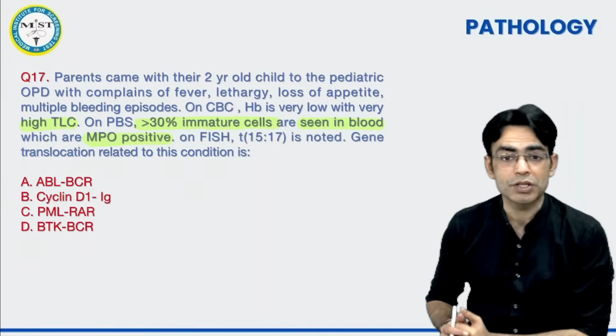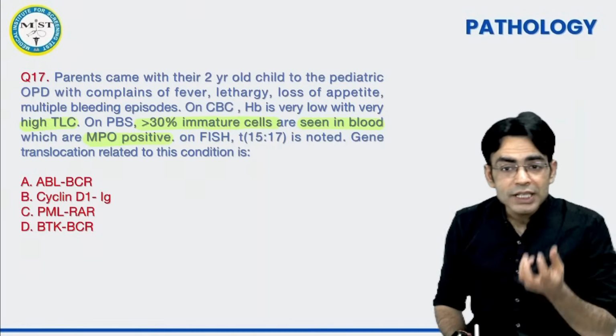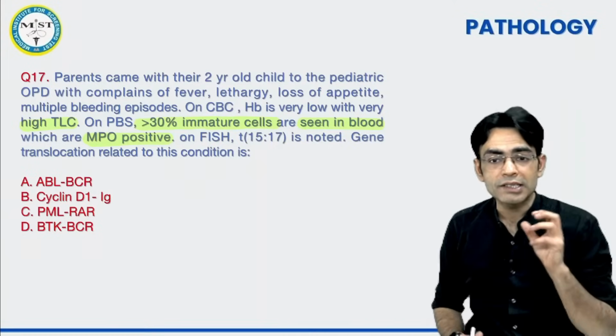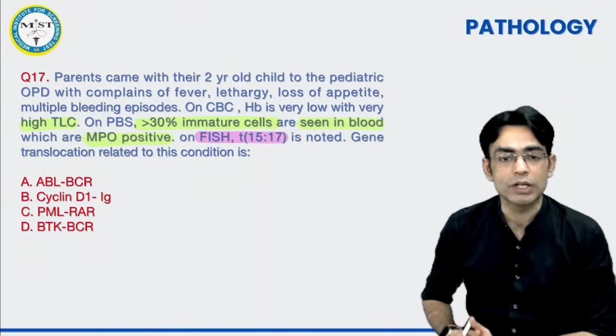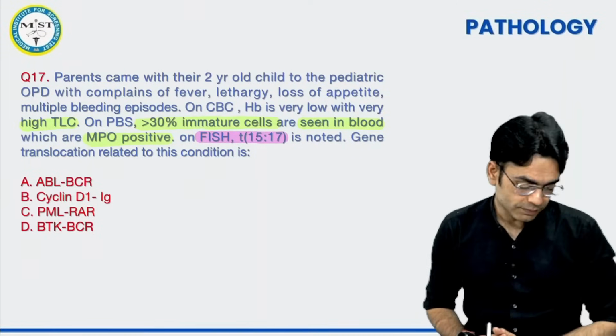On FISH, this is not a fish to cook and eat, this is fluorescent in situ hybridization, translocation 15-17 is noted. What is the gene related to this condition?